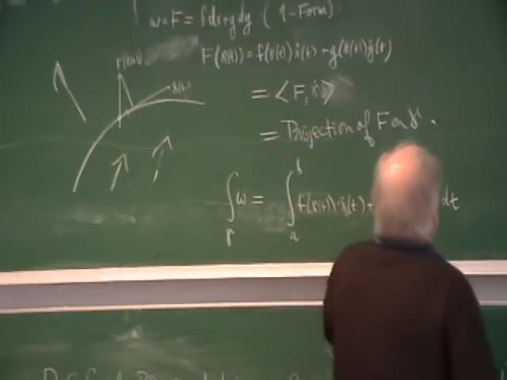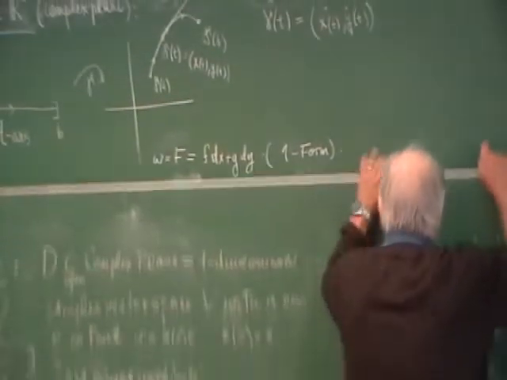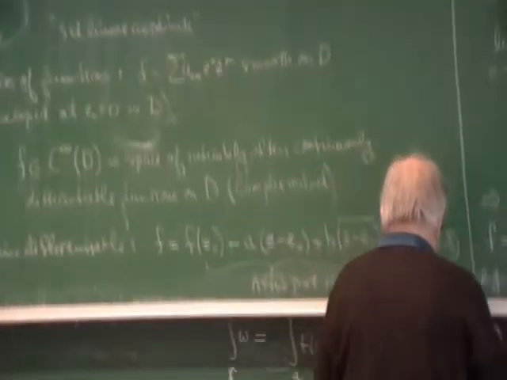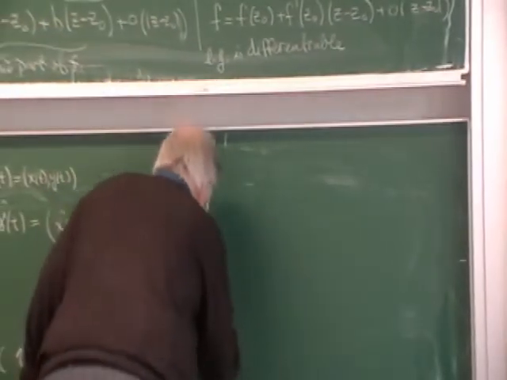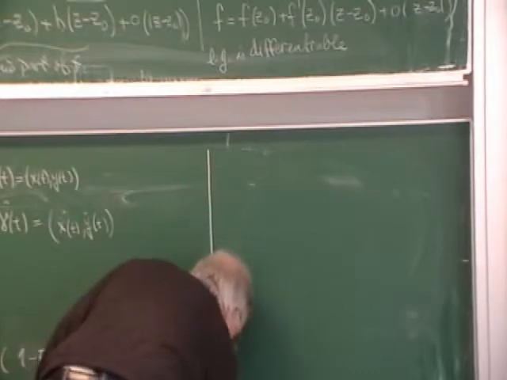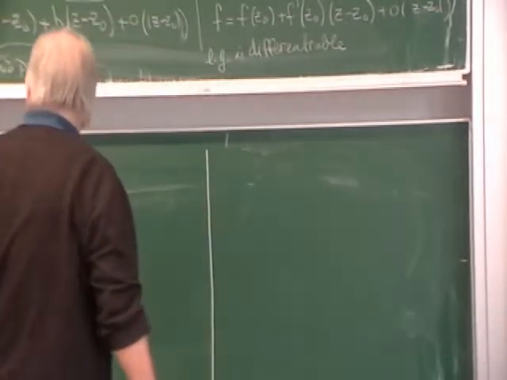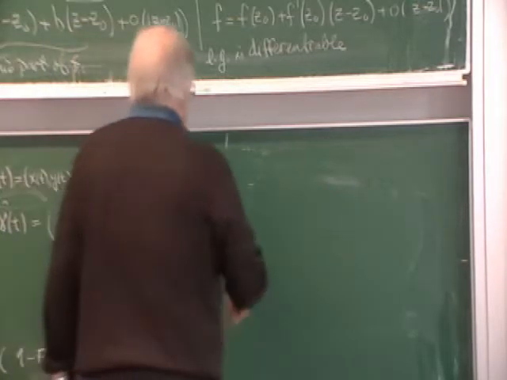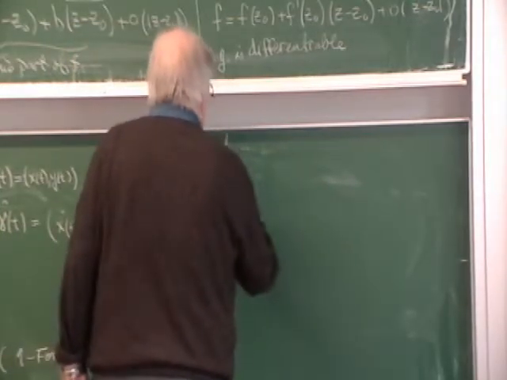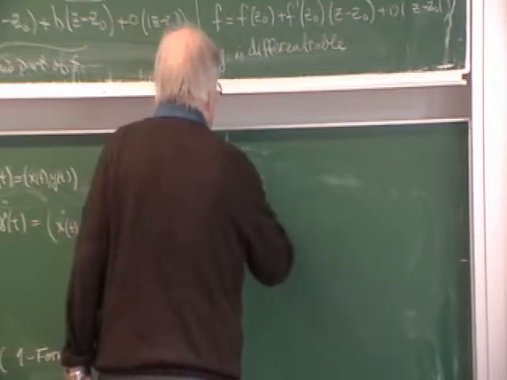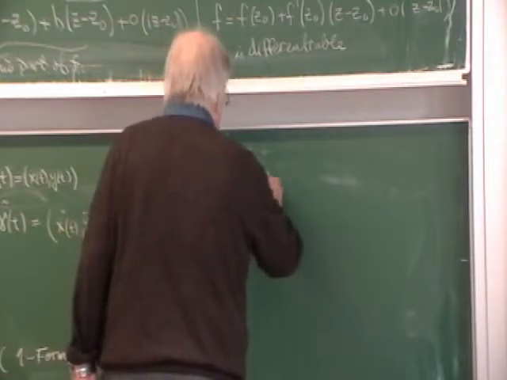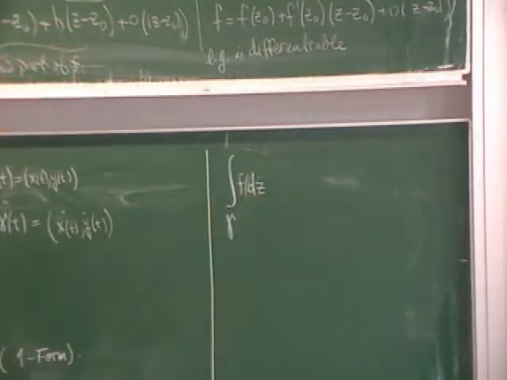Since that is the case, we now have an integral over curves. And now the integral over a curve of a complex valued function, f dz, is the obvious thing. You just extend by linearity.